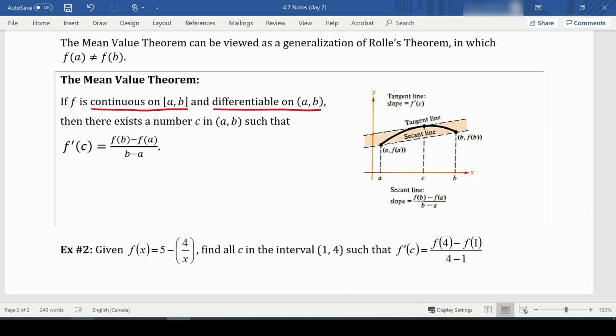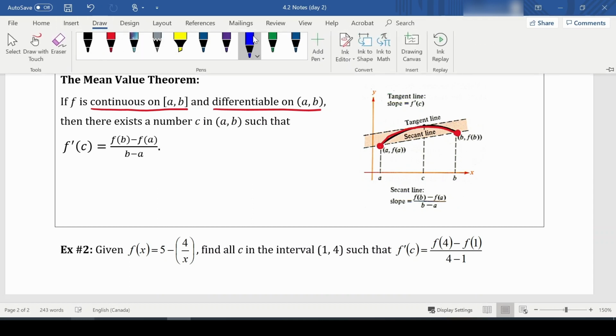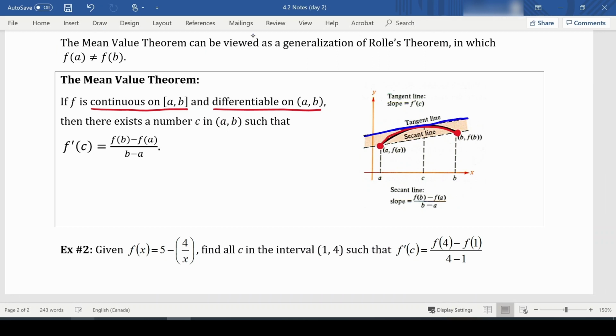Okay, so what this is saying is if I have my curve and my endpoints, which are not equal, I must have a tangent line somewhere in that interval that has the same slope as the secant line between the two endpoints. The secant line, remember, is just rise over run, right?